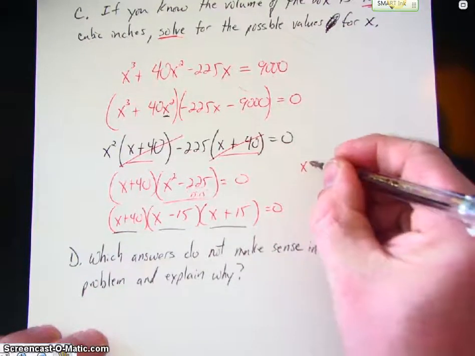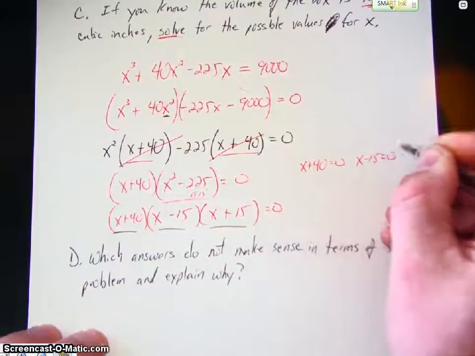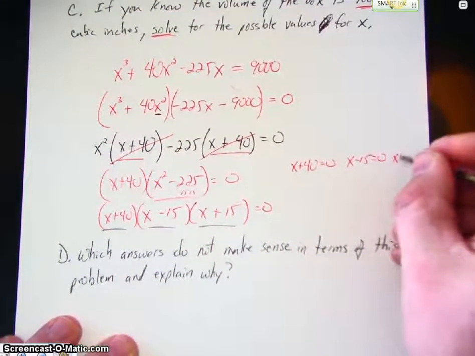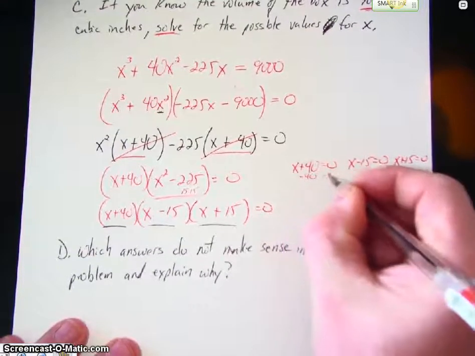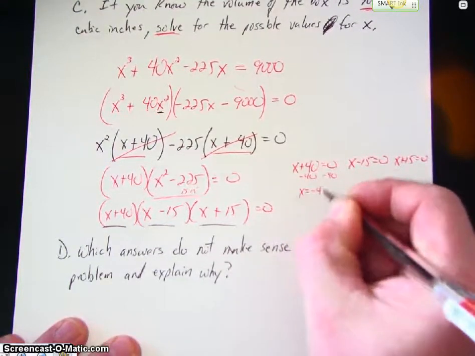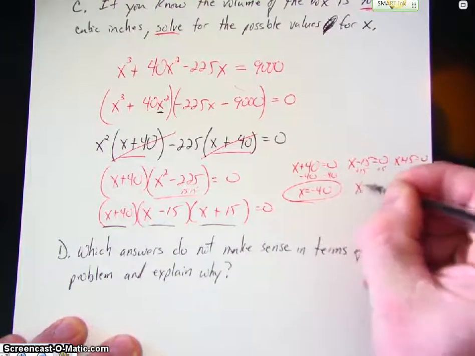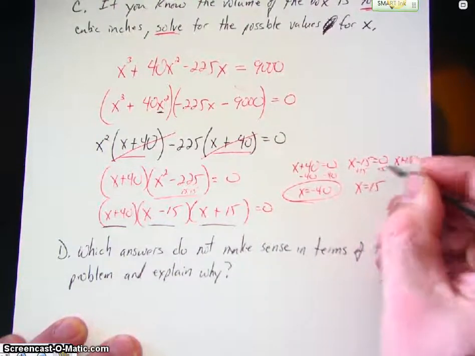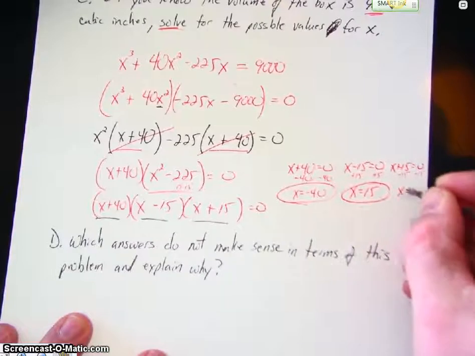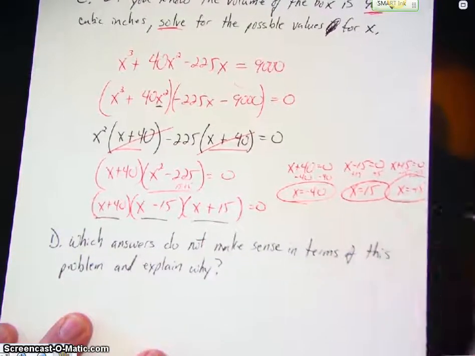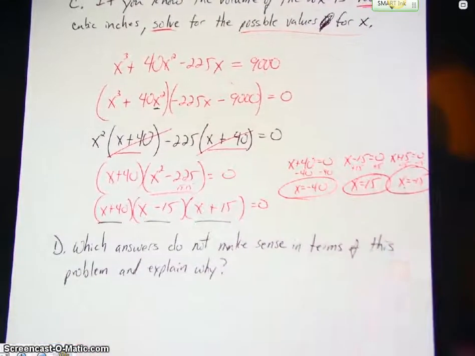So I got x plus 40 is equal to 0, x minus 15 is equal to 0, and then x plus 15 is equal to 0. All right, so here I subtract 40, so I get x is equal to negative 40. So there's one answer. Here I add 15 to both sides. There's another answer. Here I subtract 15 from both sides. And so here are my possible values for x. I got 3 of them.